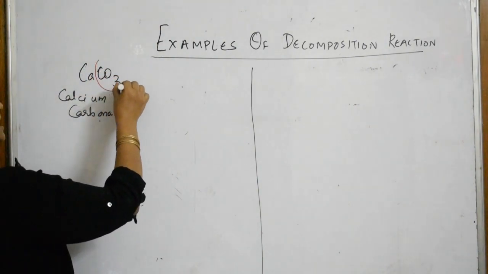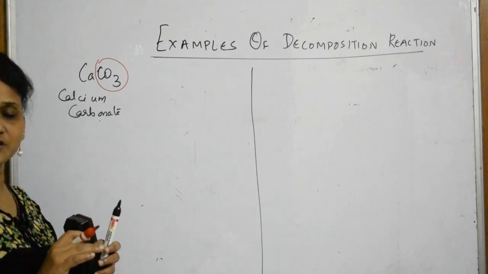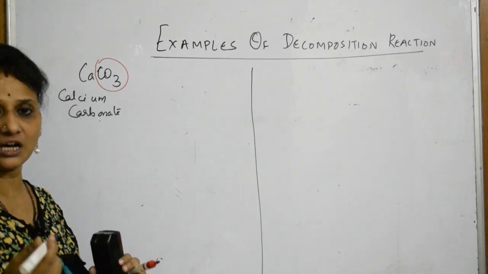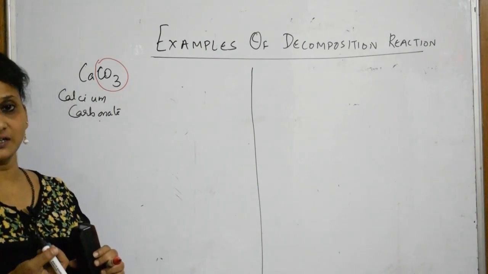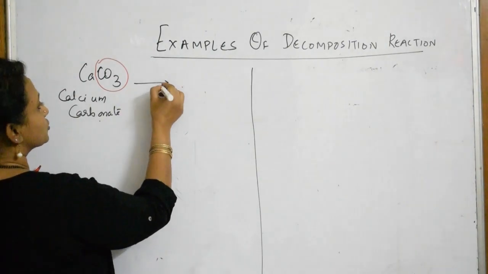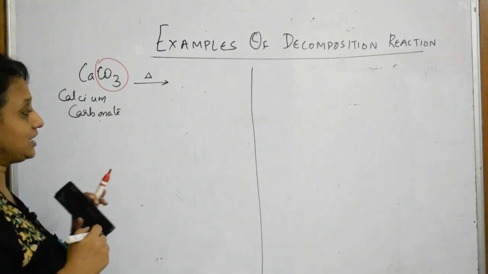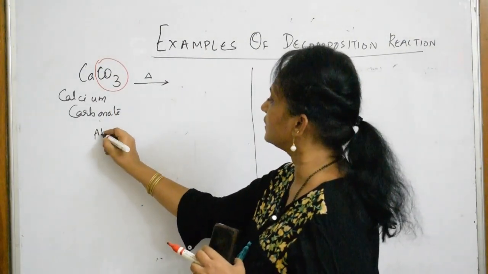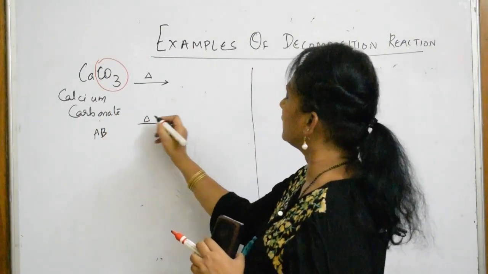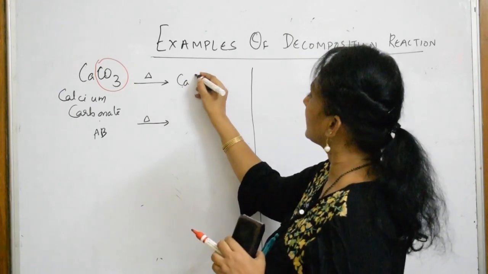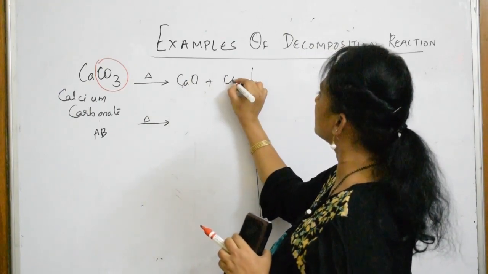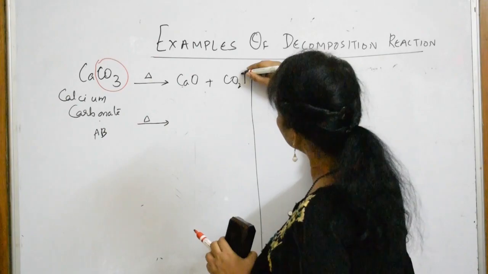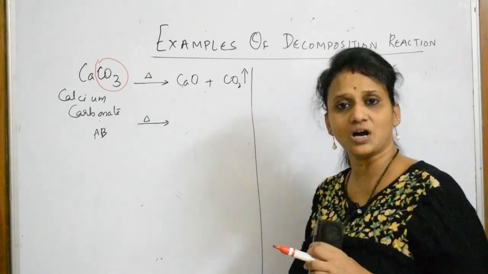Done. So after this procedure, you take calcium carbonate in a boiling test tube and heat strongly. When you heat strongly, compound AB dissociates on heating into two: calcium oxide plus carbon dioxide, which is evolved in the form of a gas, so an up arrow.